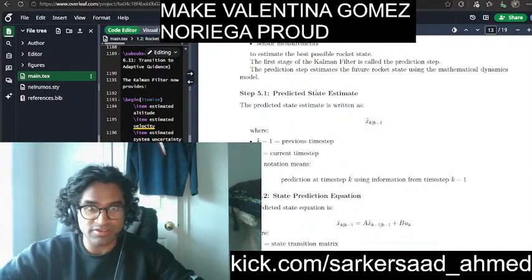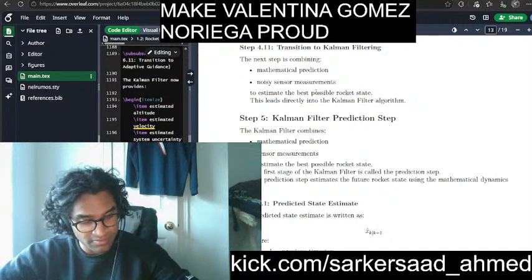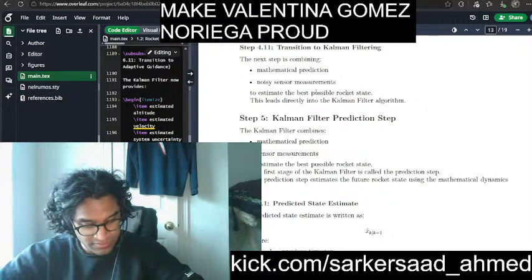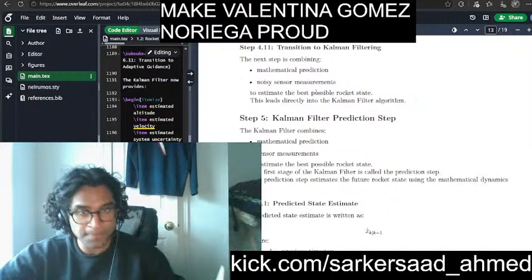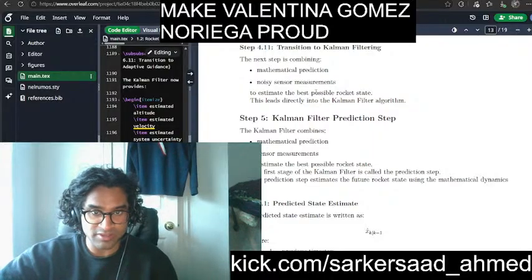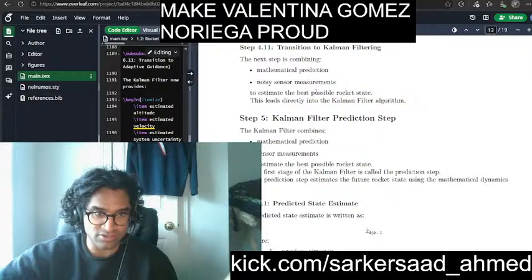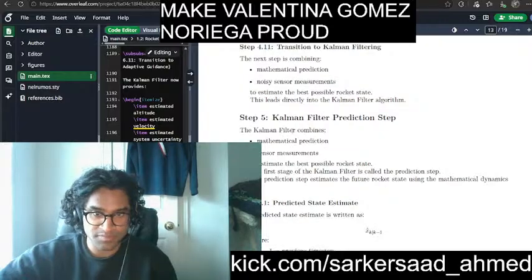This is the Kalman filter prediction step, step 5. The Kalman filter combines mathematical prediction and the sensor measurements to estimate the best possible rocket state. The first stage of the Kalman filter is called the prediction step. The prediction step estimates the future rocket state using the mathematical dynamics model.